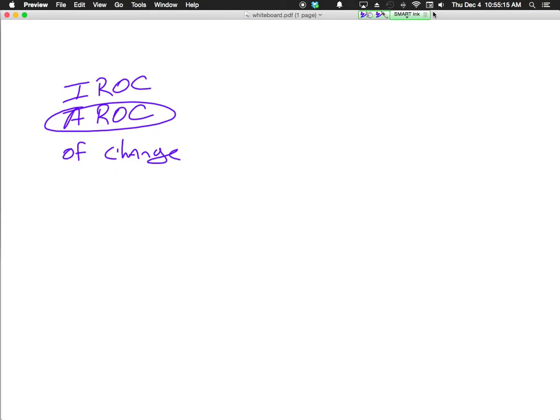But when you hear of change, we want the change in the function we're talking about. If I want the average rate of change of f of x, I want the change in f of x. But if I hear average velocity, I don't want the change in the velocity, I want the change in the position.